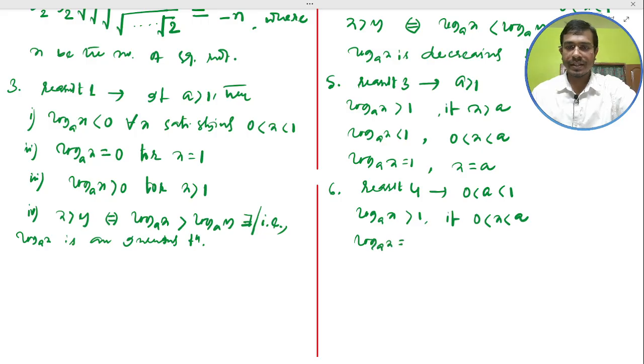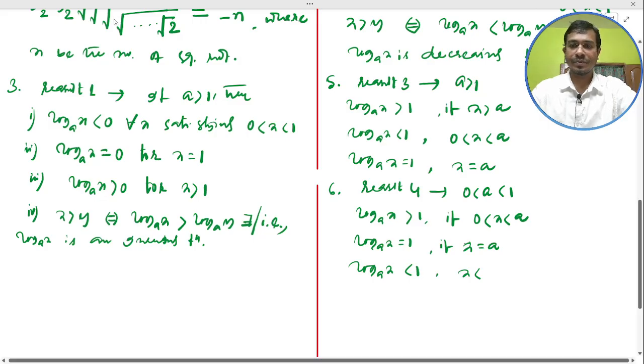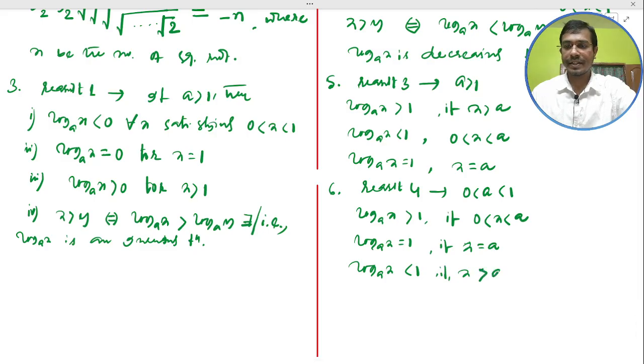Log x is equal to 1 if x equals a. And the last one, log x less than 1 for x less than a. Sorry, less than 1 means greater than a, if x greater than a.